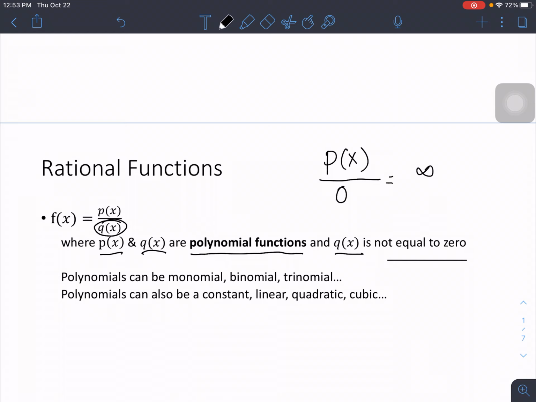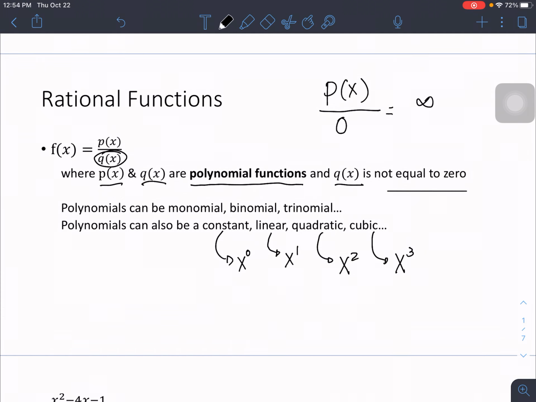A polynomial could also be a constant, wherein the degree is 0, meaning x is raised to 0. It could be linear when x is raised to 1, quadratic when x is raised to 2, or cubic when x is raised to 3, and so on.